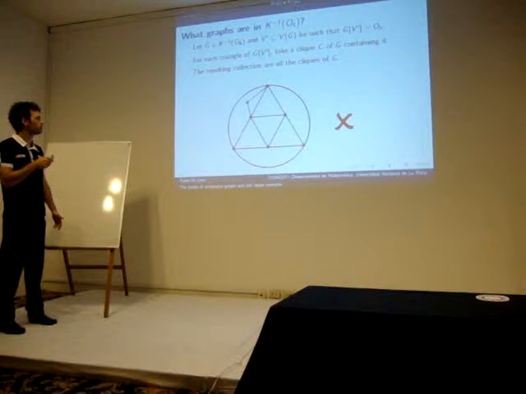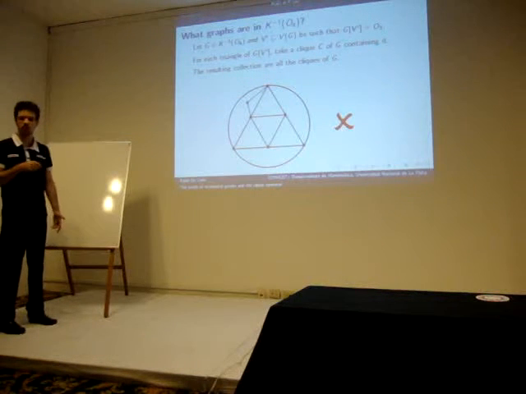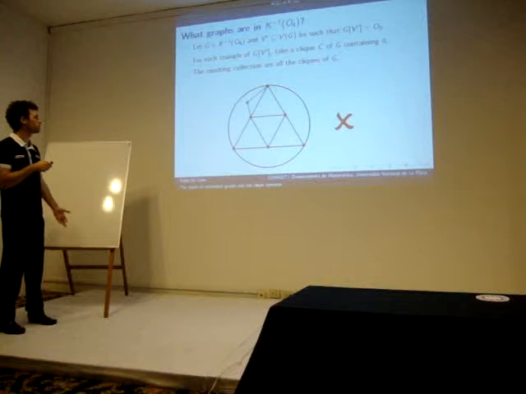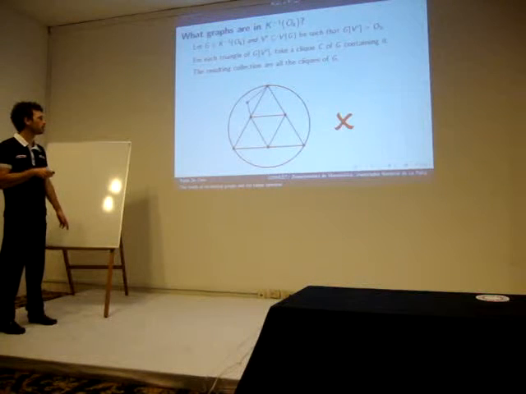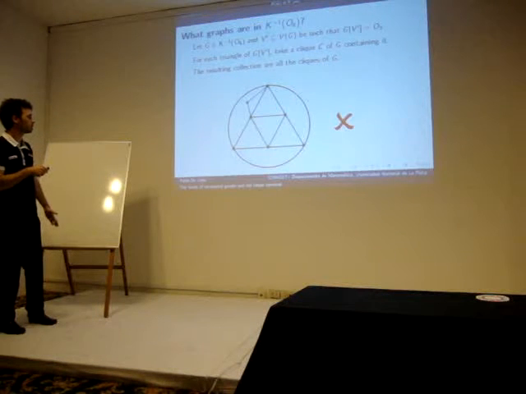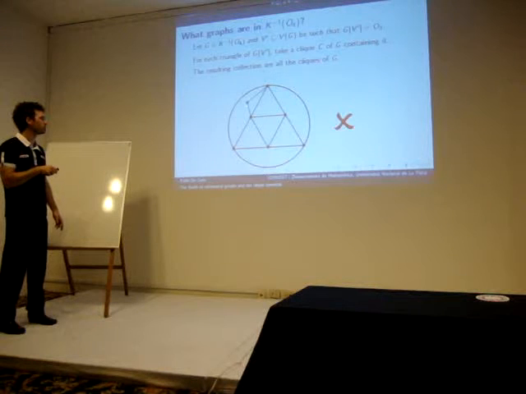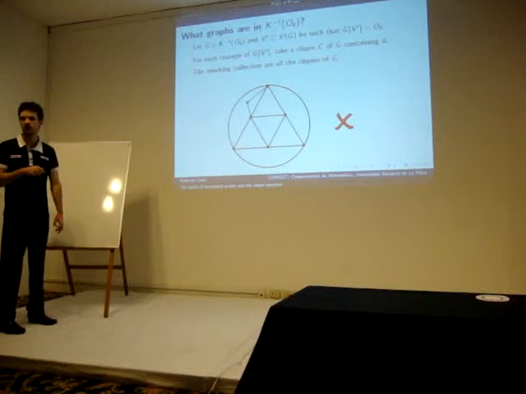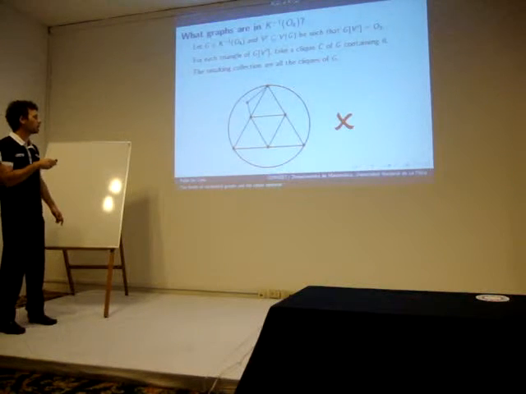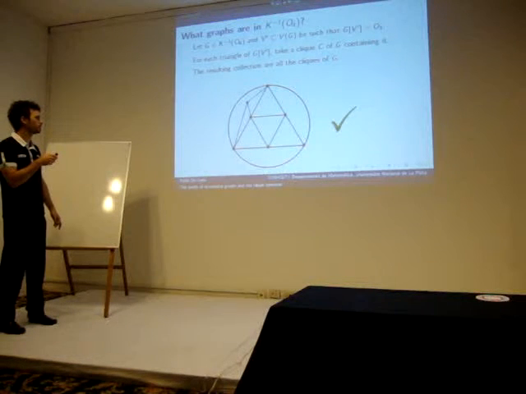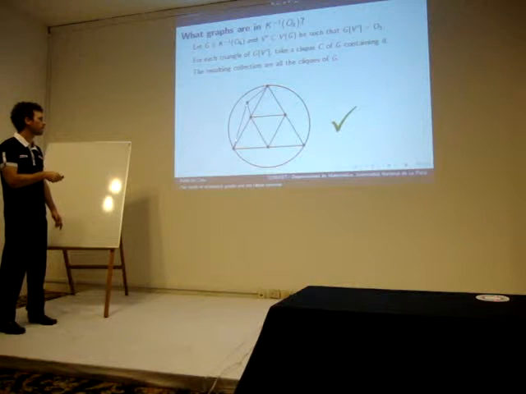So, for example, this graph would not be in K-1 of O4 because this vertex is not adjacent to all the vertices of any triangle of the induced O3, so it is impossible to put this vertex in any of the cliques that I have described before. But that could be fixed if I add this edge.